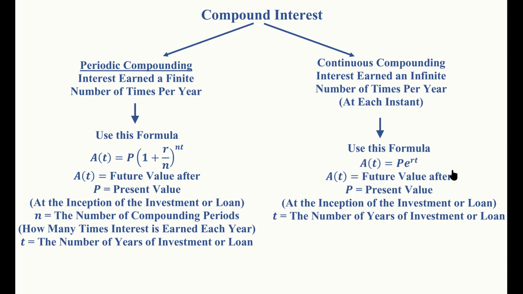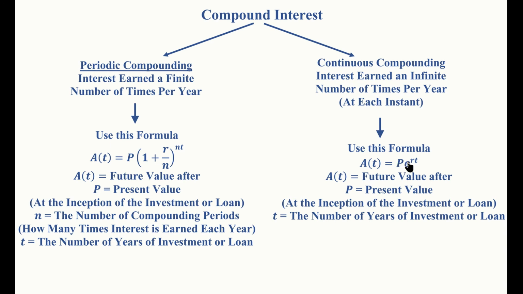Some people call this the PERT formula after the popular older shampoo Pert. But anyway, it's easier to remember. It's just the present value, or P, times e, the same e we've been dealing with over the last couple of lessons, the one that's approximately 2.7, to the power of rt.